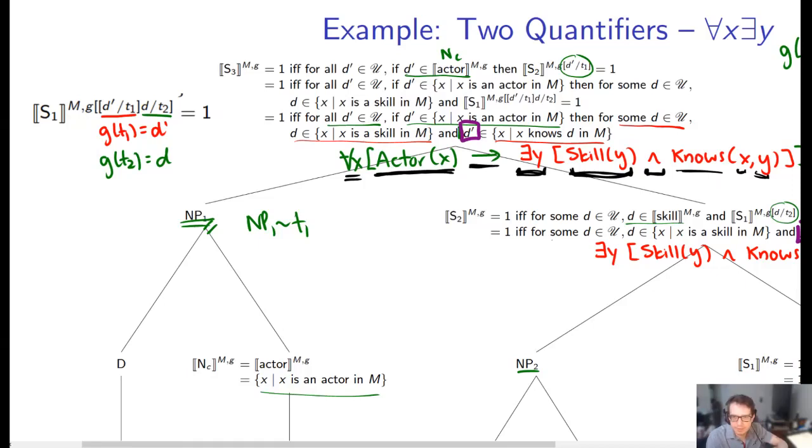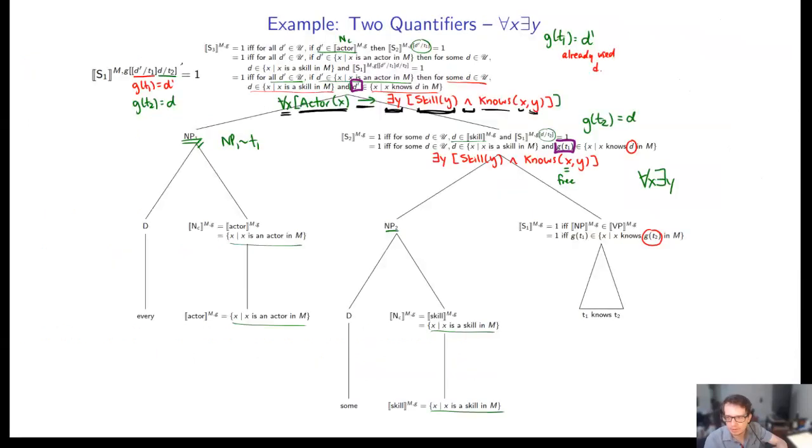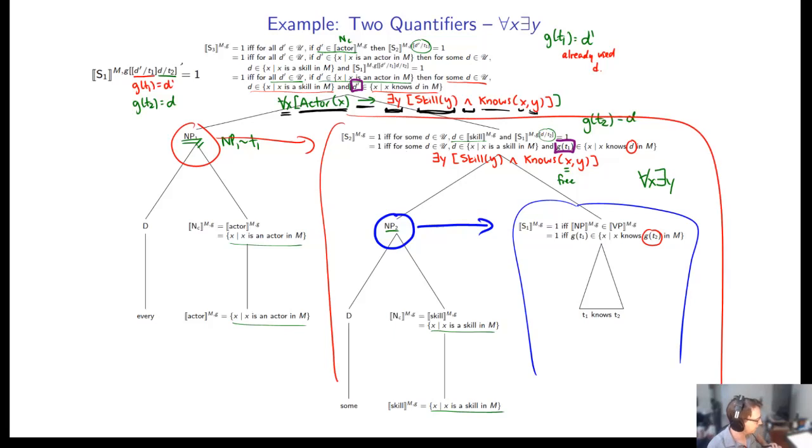And this happens at this point in the tree because if we think about C command, sorry for zooming out all the way here, but just to illustrate C command, NP2 is C commanding all of this stuff, and NP1 is C commanding all of this stuff. So in other words, S1 is being bound by both.